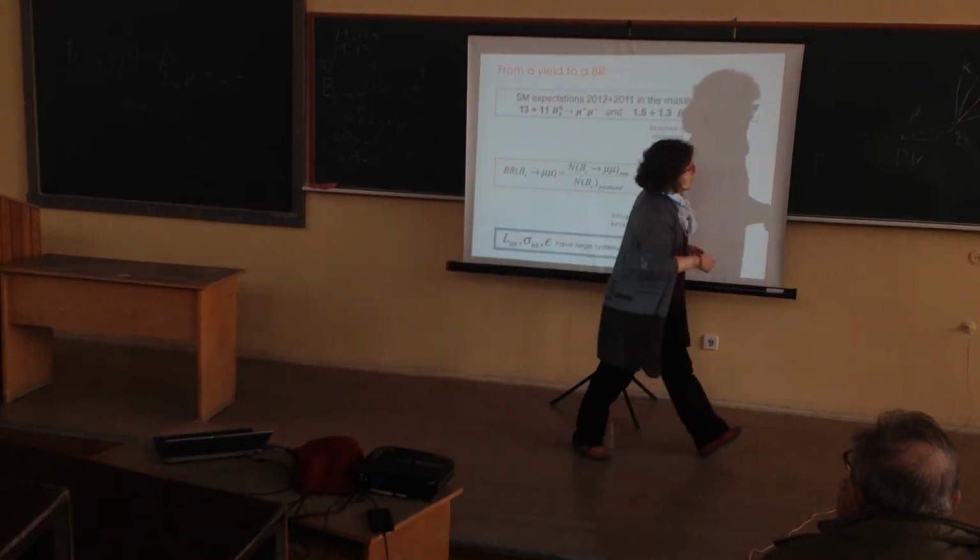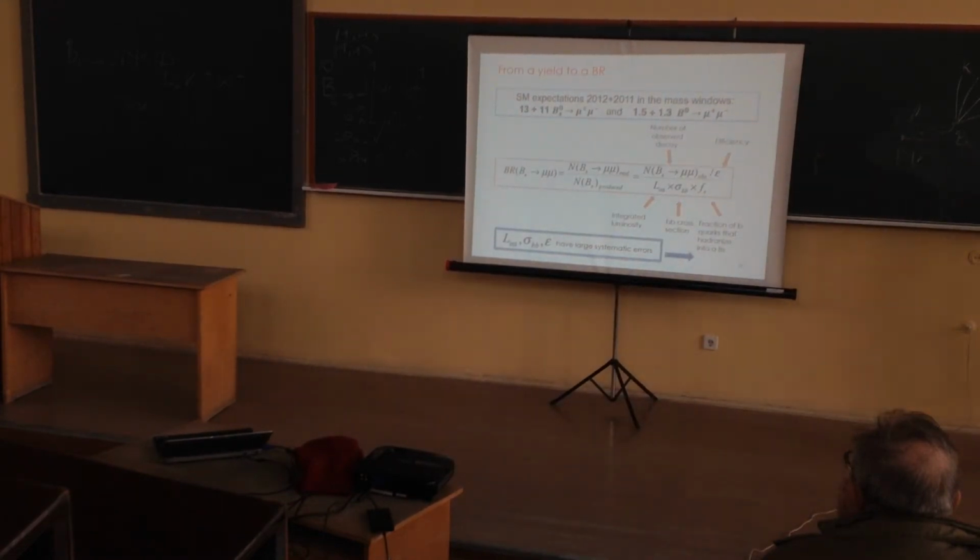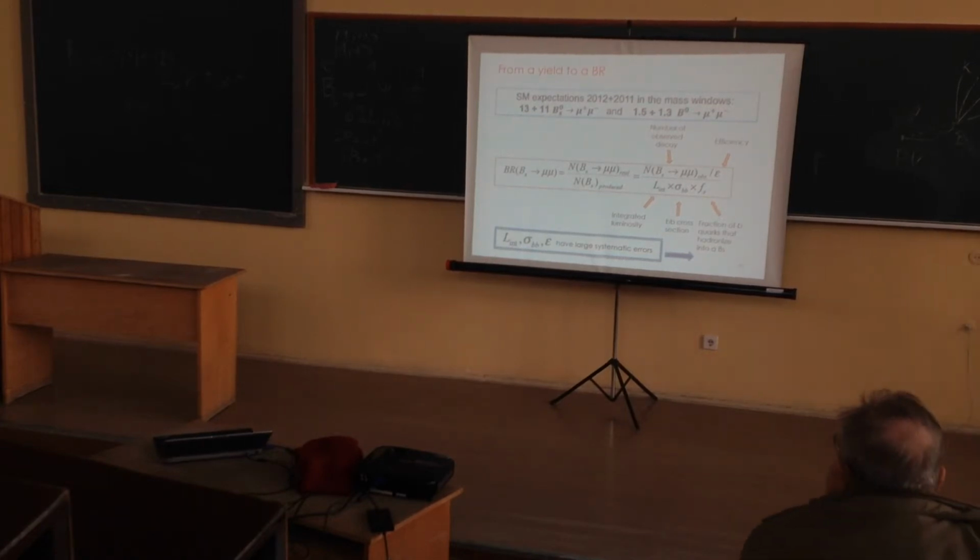For example, you construct your B invariant mass. It looks like that. You're doing a simple fit with, I don't know, you say my background looks like a straight line, my signal has to be like a Gaussian. I'm doing the fit and I will compute how many events I have there.